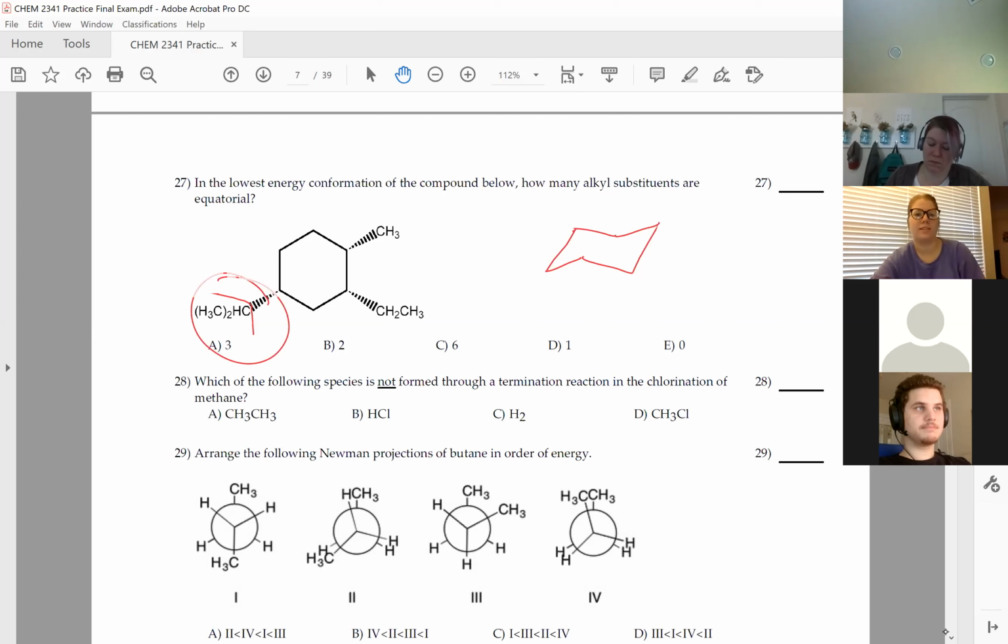So that's the one that we want to place first. So do we want our big substituent to be in the equatorial position or the axial position? Equatorial. Right, so I'm going to pick a place where I can put it equatorial and down. So that puts that here. Now we need to place everything else. So the ethyl group is 2 carbons that way. So that puts us on this carbon. And on this carbon here is the down position, axial or equatorial?